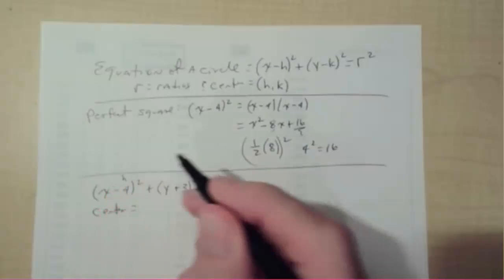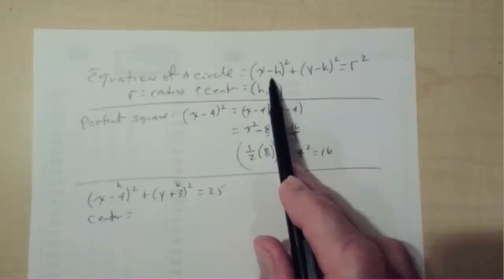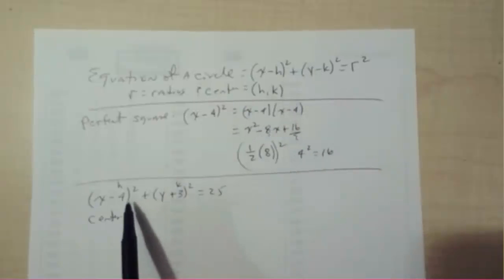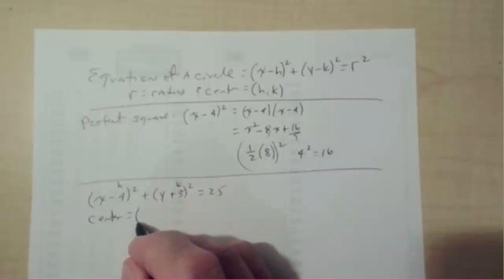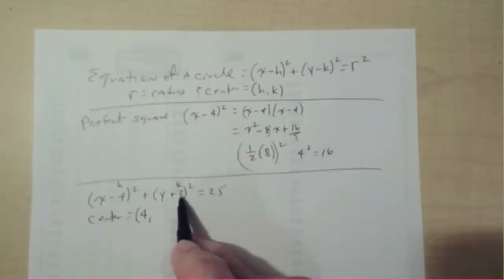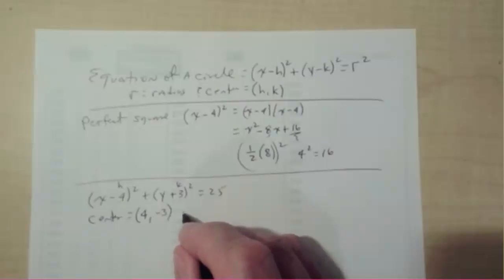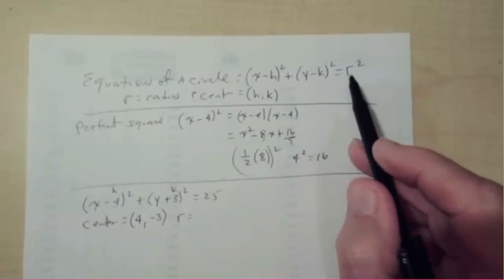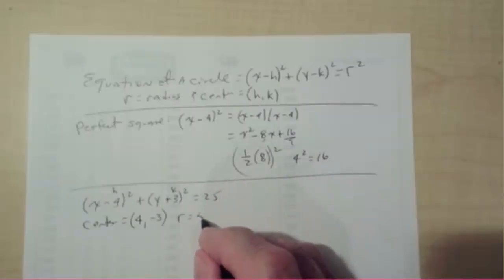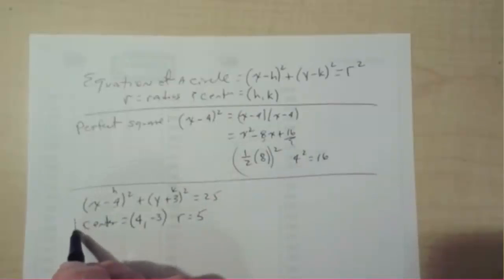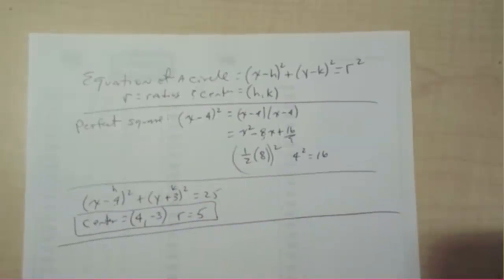Remember, this is h and this is k. But our formula says negative h and negative k, so we're going to have to use the opposites of these numbers. What's the opposite of negative 4? 4. What's the opposite of 3? Negative 3. So that's the center of our circle. And the radius is, remember, this is going to be the radius squared. Therefore, the radius is 5.